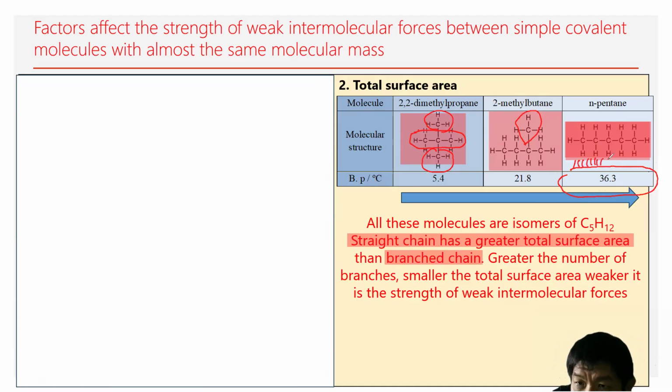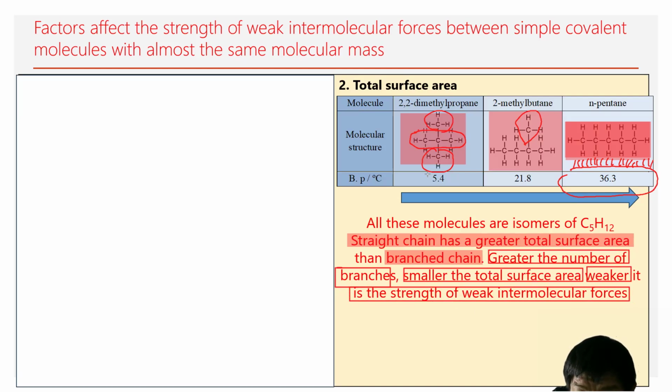The surface exposure between the two long straight chain molecules is greater. So that is why they have greater strength of intermolecular forces, therefore a higher boiling point. The greater the number of branches, the smaller the total surface area, therefore the weaker the intermolecular forces. That is why it has the lowest boiling point among all of them.